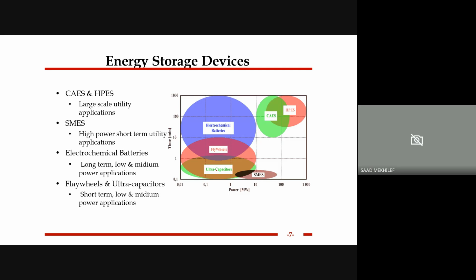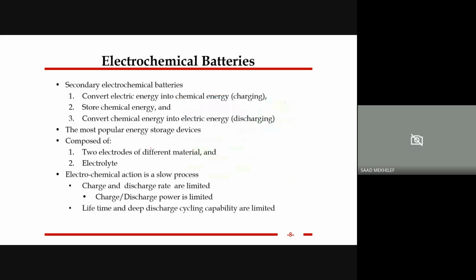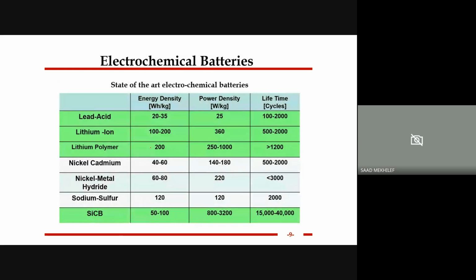We have ultracapacitors and supercapacitors, which have a very high power density but a low energy density. The electrochemical batteries are one of the best choices to be used with renewables and microgrid systems.